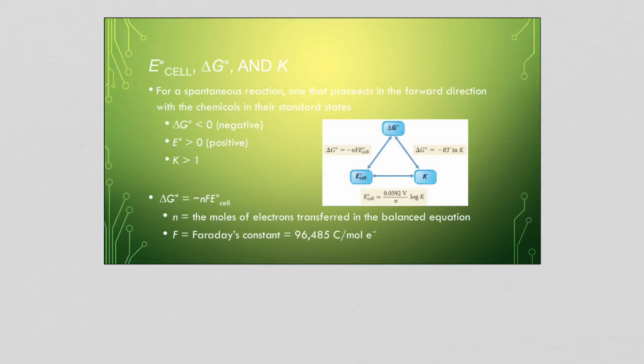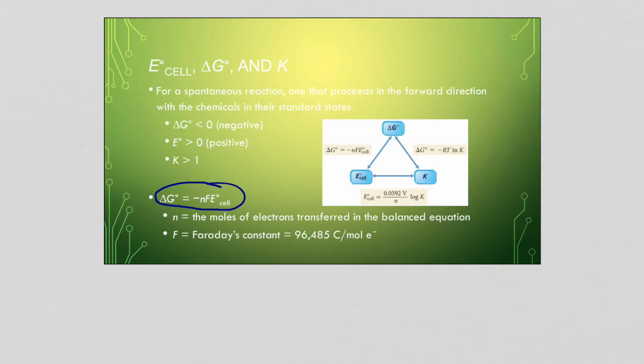So, indeed, there is an equational connection between the free energy and the cell potential, and we can list it right here. The delta G, in this case under standard state, is equal to negative nFE at standard conditions, so the standard cell potential.